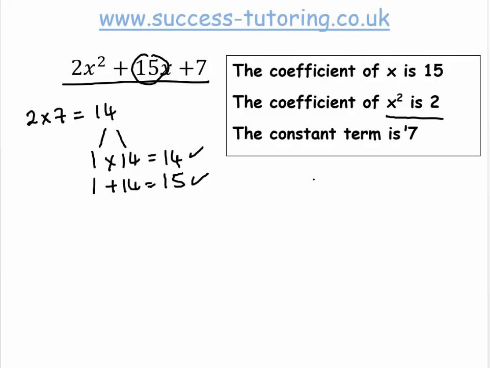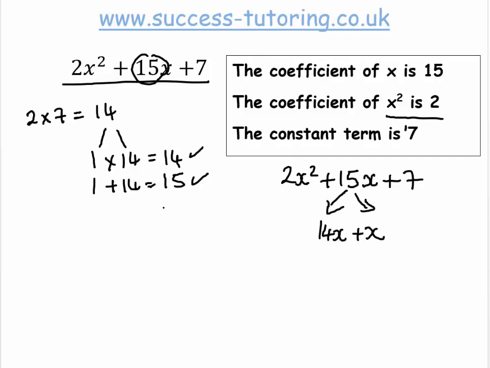Now, what we need to do is rewrite the expression 2x squared plus 15x plus 7. I'm going to extend this a bit more and I'm going to put 14x plus x. You might be asking, where did I get those values from?